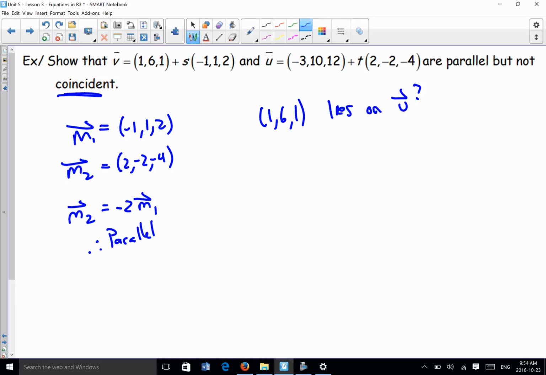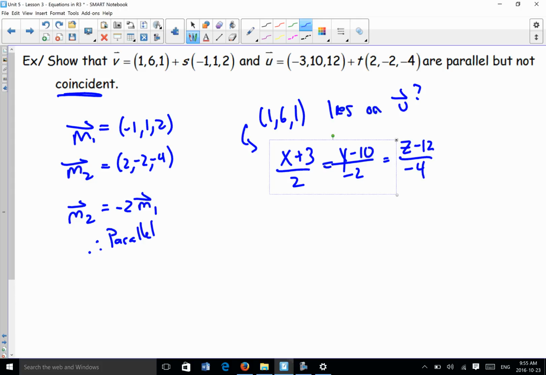So let's make this symmetric. x minus the x value would be x plus 3 over the direction, y minus the y value over the y direction, and z minus the z value over the direction. Let's take our point and plug it in the right spots.